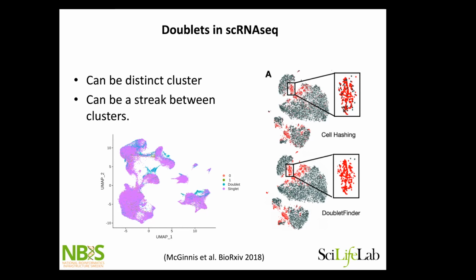It's also, I must stress, because I've read now several papers where people say, we removed all doublets, so there shouldn't be any doublets in there. I even saw a paper where they had some intermediate cluster that they listed as a mix of cell types. But since they removed doublets with one of these tools, it can't be doublets.